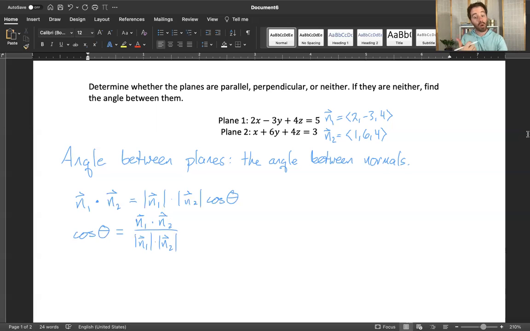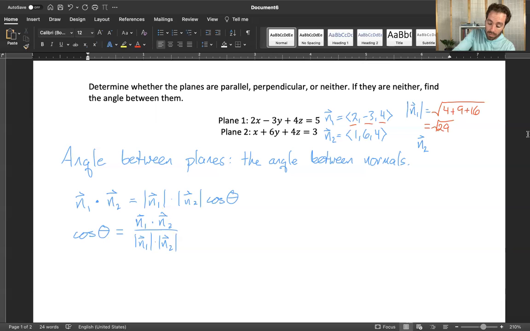So I do need to find the dot product, and I do need to find the individual magnitudes. I'll do that up here. Magnitude of n1 is square root of 4 plus 9 plus 16. Just squaring all of those numbers. And that's 29. Okay, so the first normal has a magnitude of square root of 29.